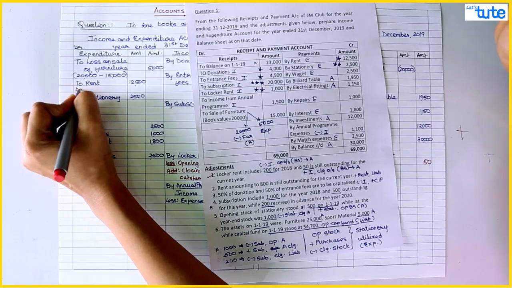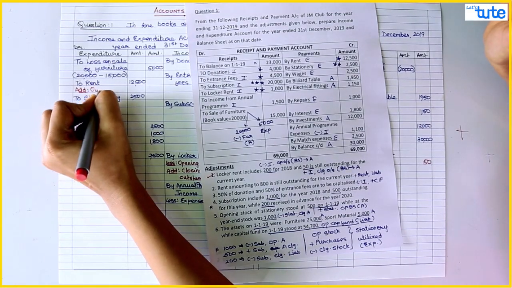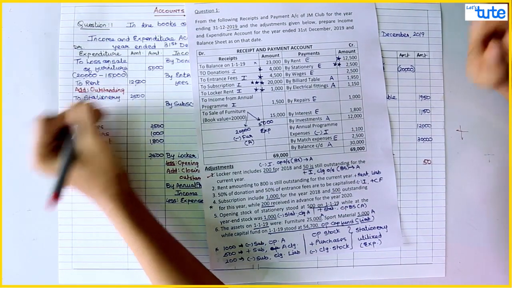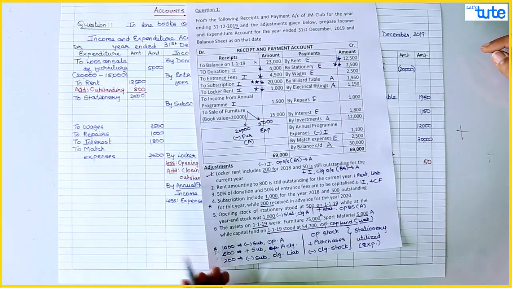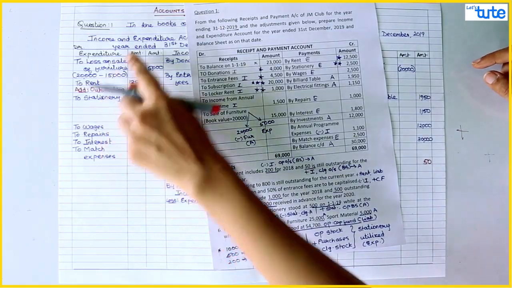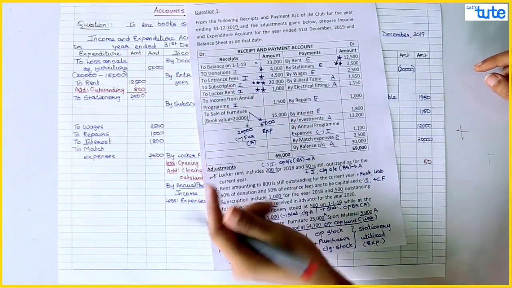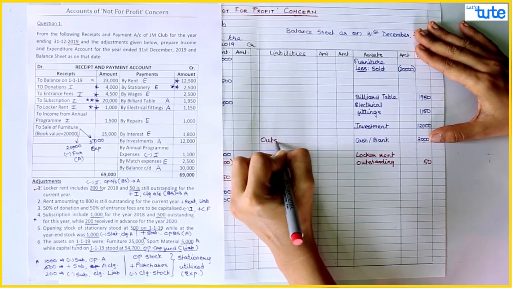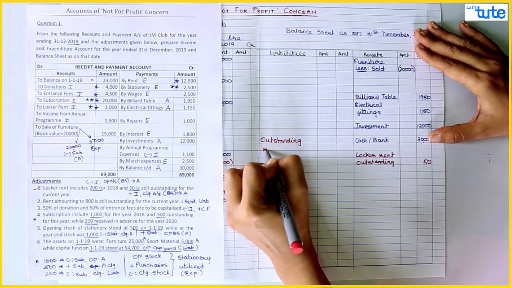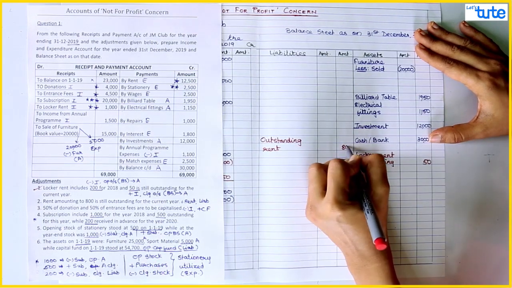So add to rent, add outstanding, or outstanding for the current year is also okay. Outstanding rent 800, and the second effect for this will go to outstanding expenditure, which is payable. So liability, we will leave some space for capital fund. So outstanding rent, that was 800.